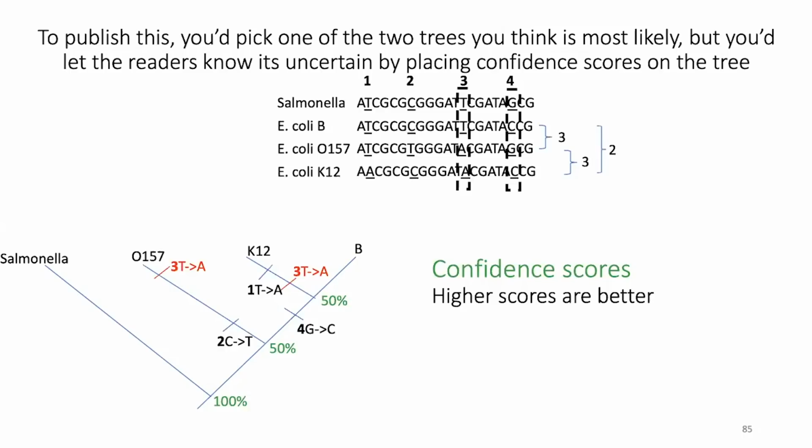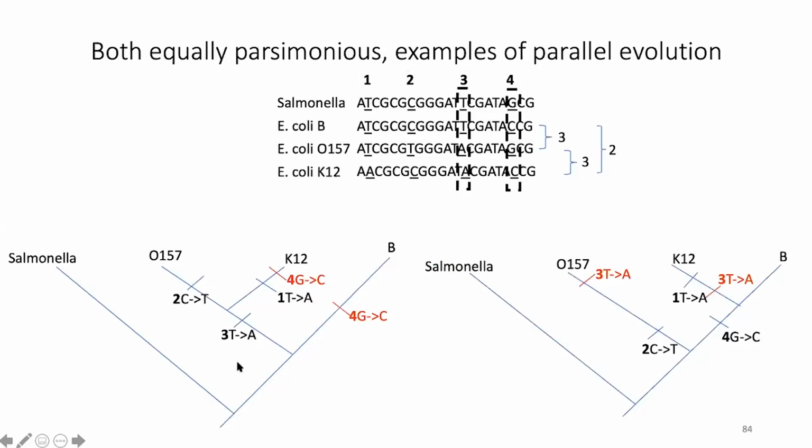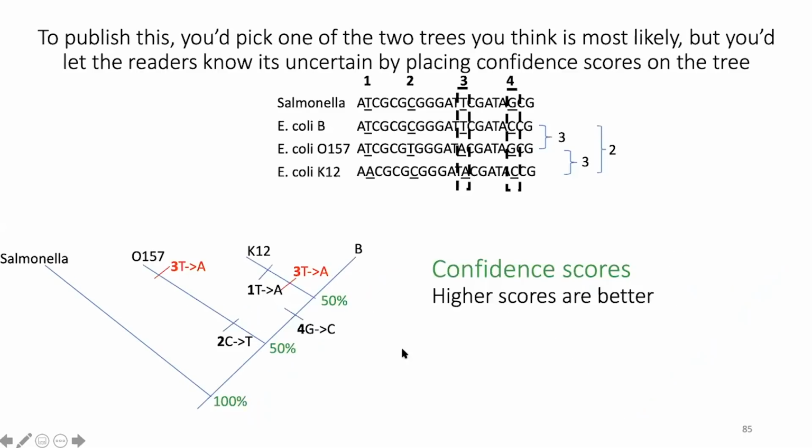And so you put these numbers on the phylogeny, which are confidence scores. Because there's two different phylogenies that are equally parsimonious, and I can't decide between the two of them, I say that yes, we are 100% confident that that Salmonella is related to these three taxa in this way.